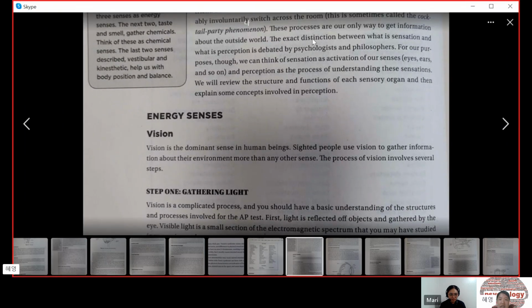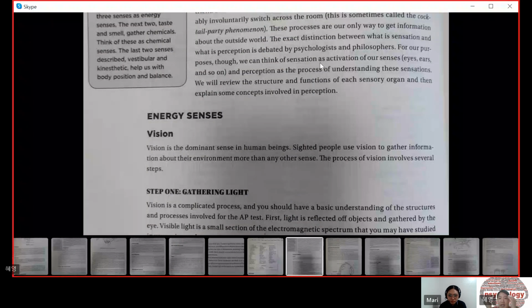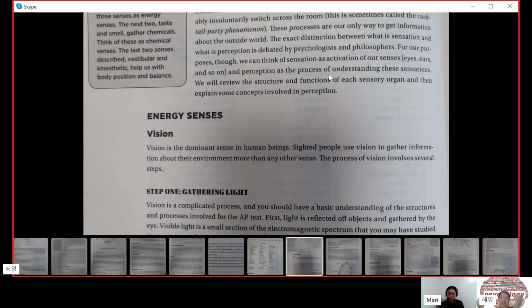The exact distinction between what is sensation and what is perception is debated by psychologists and philosophers. For our purposes, though, we can think of sensation as activation of our senses, like eyes and ears and so on, and perception as the process of understanding this sensation.